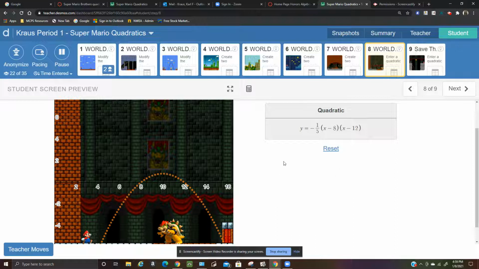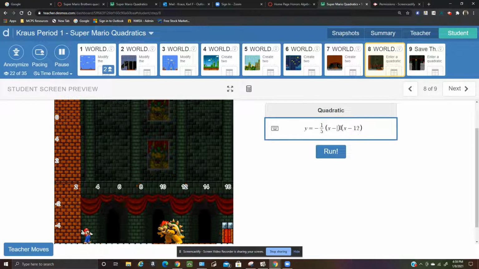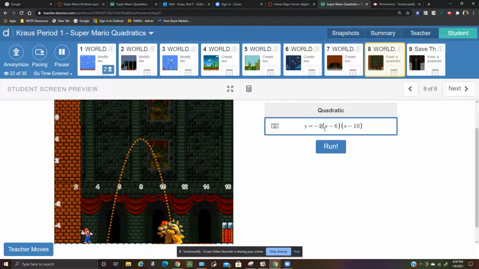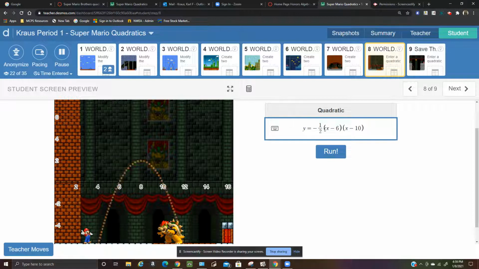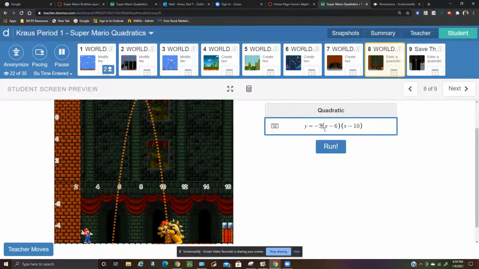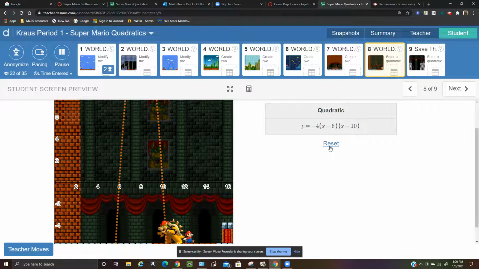So now let's make this 6 and 10. And narrower. Narrower still. Yeah.